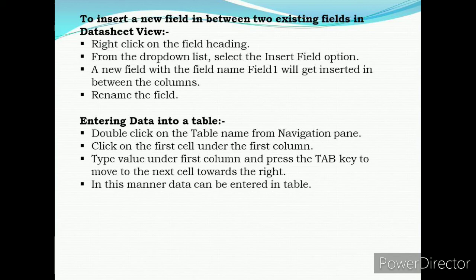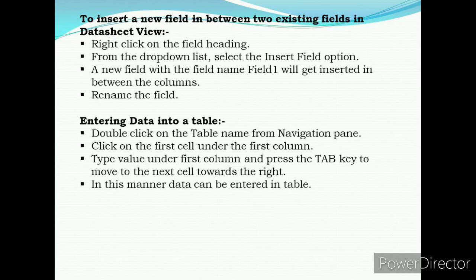Here are the steps that we have to follow. Right click on the field heading. From the drop down list, select the insert field option. A new field with the field name F1 will get inserted in between the columns. You can rename that field F1 according to your requirement.